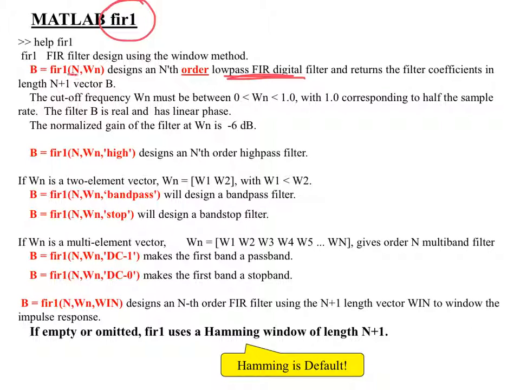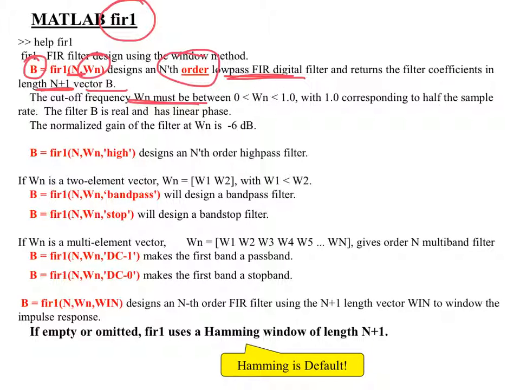The n value that you put in here, keep in mind, is the order. So you'll get a length n plus 1 design. B is the vector that will contain the coefficients. So those are the little b values that we've been talking about. Wn is what you use to specify the cutoff frequency.